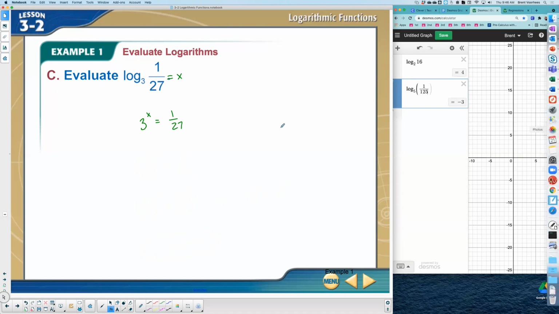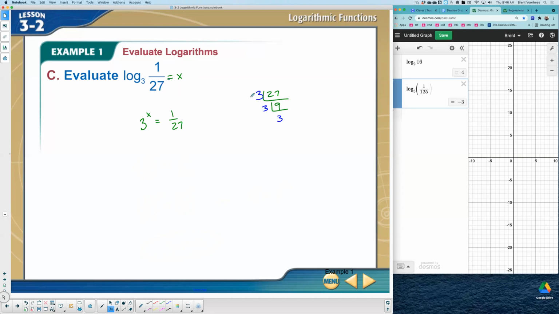Let's check it though, in case you did not know that. 3 divides into 27. I'm going to ignore the 1 for a moment. 3 divides into 27 how many times? 9. And again, you stick with the base of 3. 3 goes into 9 how many times? 3 times. You stop when you've got the base all the way across.